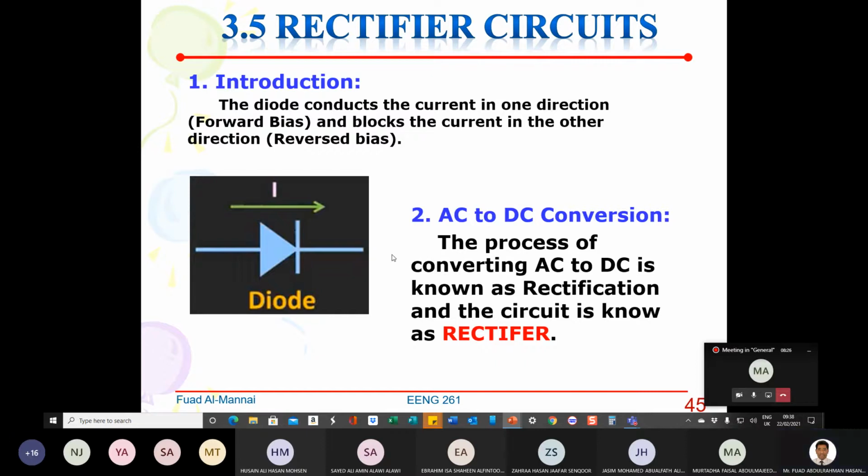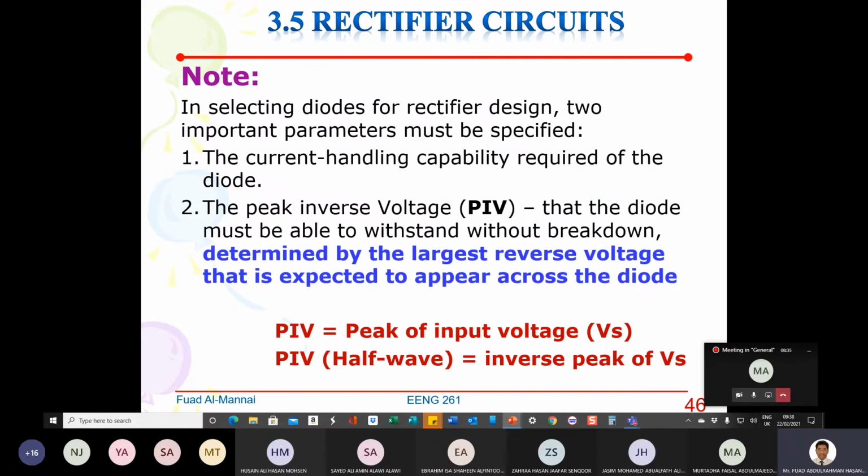Before designing a rectifier, two very important parameters must be specified. One is the current handling capability required of the diode.